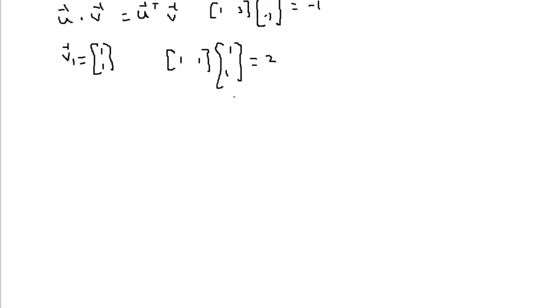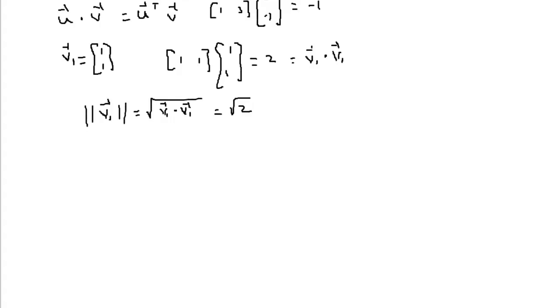So there is v1 dot v1, v1 dotted with itself. And if I want the length of v1, write it like that, magnitude of v1, that equals the square root of v1 dotted with itself, which, as we can see up here, equals the square root of 2. And so we get the same answer as we did before.